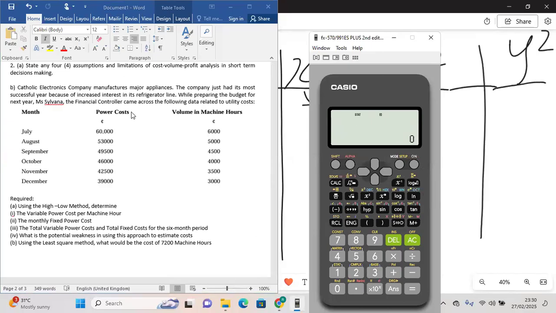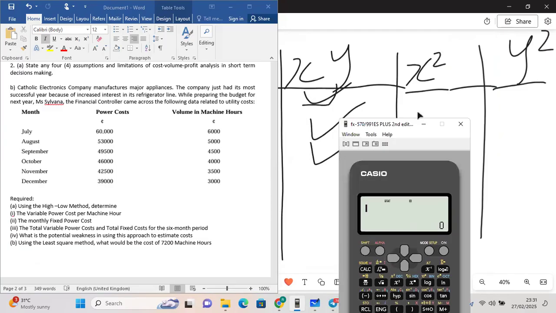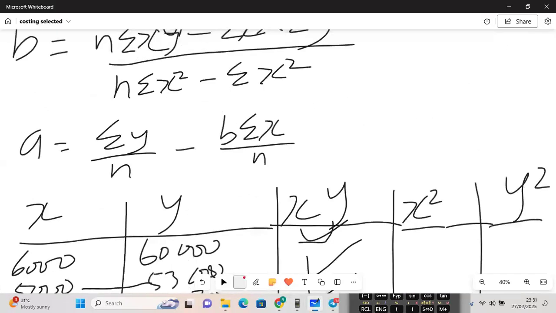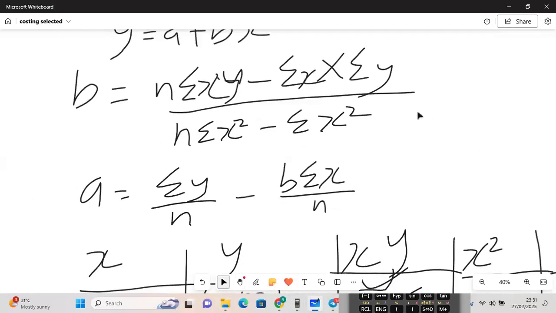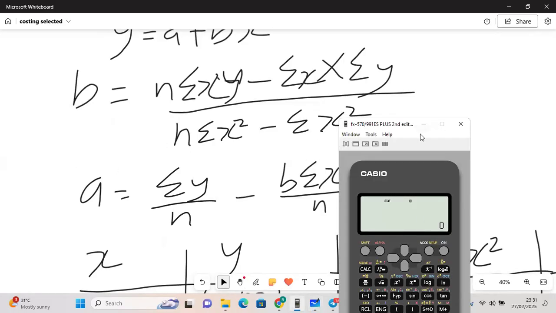I want to do the same least square, but because of time, I can't do it one by one. See the plenty formula that they wrote up there to get A and then B, right? We'll just use some two clicks and then we get A and B. So let's do that.